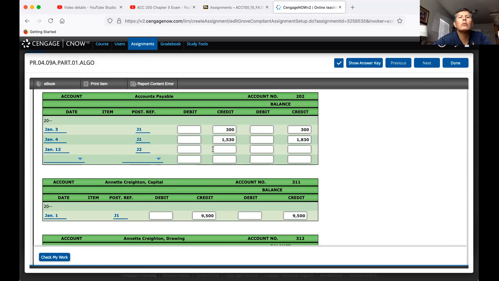Now we're going to debit for 50 because it's going to be coming down. So 1830 minus 50, that'll be 1780. Let's double check that. 1830 minus 50 gives us 1780. Okay, we're good to go. Okay, so we recorded the payable and we recorded the cash, so we're good.